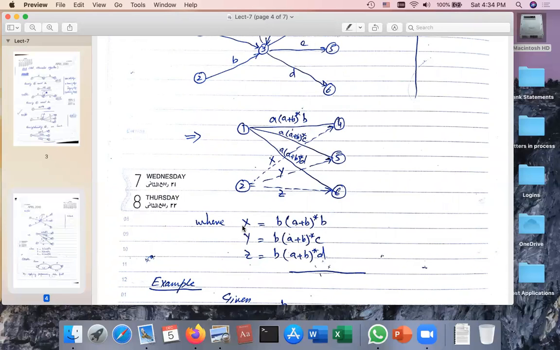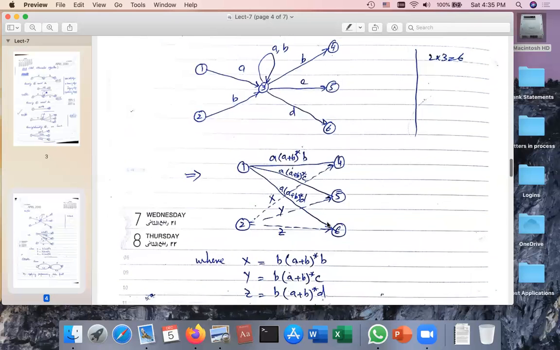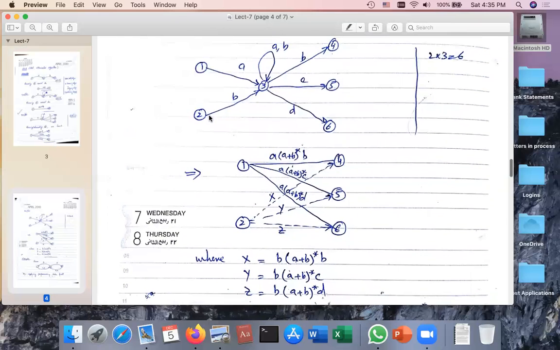If our regular expression is getting lengthier and lengthier, then what we can do, we can introduce another variable, and we can say that this thing is equal to this thing, and then here you can introduce that newly generated variable. So x is what? b (a plus b) whole star b, which is this path.